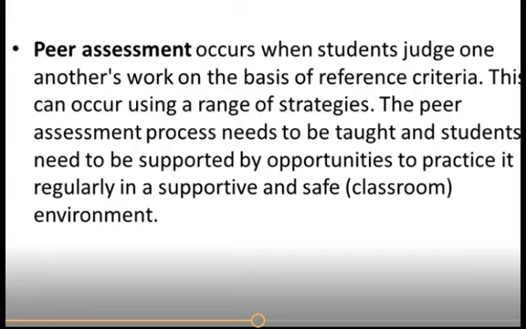It occurs when students judge one another's work on the basis of reference criteria. ഓൾറെഡി ഒരു റെഫറൻസ് ക്രൈറ്റീരിയ ടീച്ചർ നൽകിയിരിക്കും. ഇപ്പം എന്തൊക്കെയാണ് നോക്കേണ്ടത്, ഇത് ശരിയാണെങ്കിൽ ഇങ്ങനെ, ഇത് തെറ്റാണെങ്കിൽ ഇങ്ങനെ. ഓക്കെ, ദാറ്റ് ഈസ് എ റെഫറൻസ് ക്രൈറ്റീരിയ.